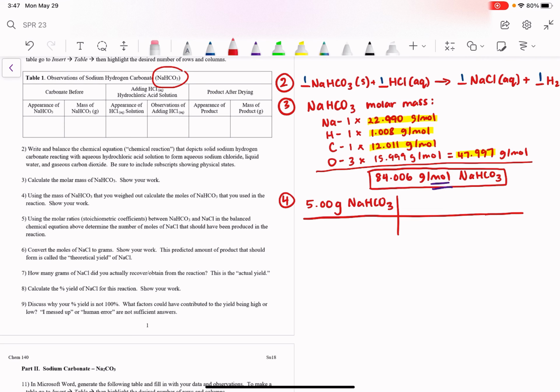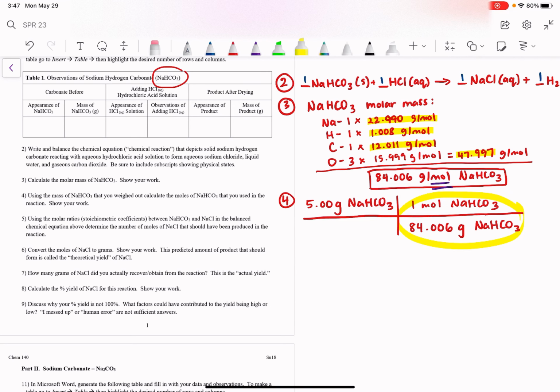Now we want to use our molar mass to convert to moles. We want to know how many moles we actually have of that substance. So we have 84.006 grams NaHCO3, and we want to get to moles, so 1 mole NaHCO3. How did I get this train track here?